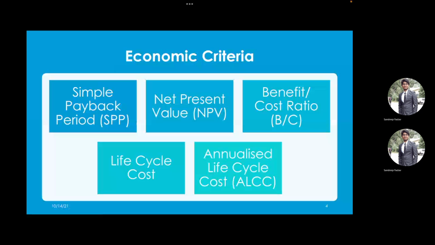Now we have some economic criteria that we can use for our analysis: simple payback period, net present value, benefit to cost ratio, life cycle cost, and annualized life cycle cost, that's called ALCC.